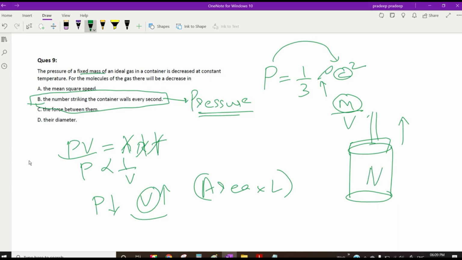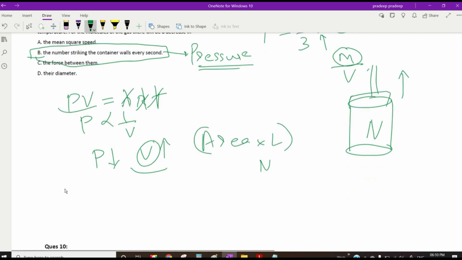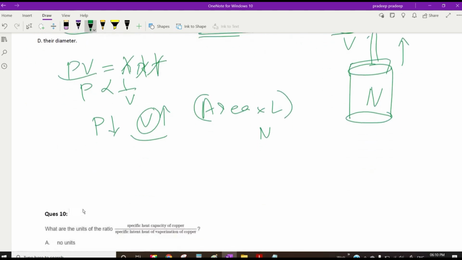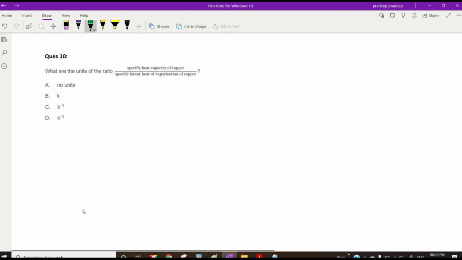So if I check the number of molecules striking the container each second, since the surface area has increased, the number of molecules striking the container will fall, isn't it? Yeah. Got it. Okay, great. Let's discuss this as the last question for today's class. The rest we'll do in the next.